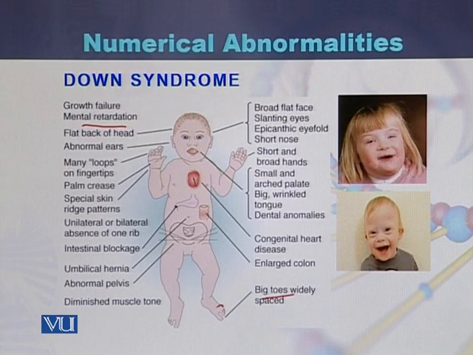We can see that there is a difference between the toes. They have short and broad hands, as well as many fingertips. So these are the details of all the phenotypes or symptoms which can be seen in children with Down syndrome.